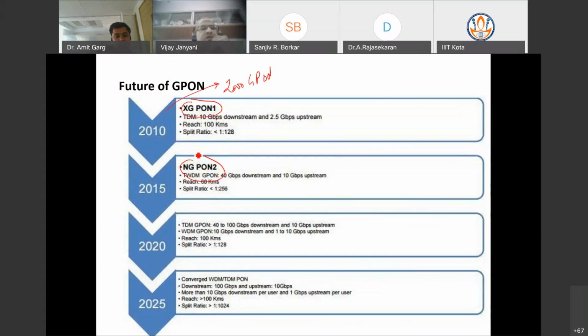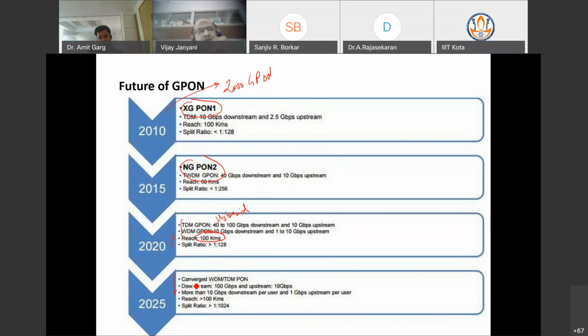So what is going to happen next in 2020? We are already there. We are already using hybrid systems, TWDM and TDM and WDM. For reach, you can easily go up to 100 kilometers.